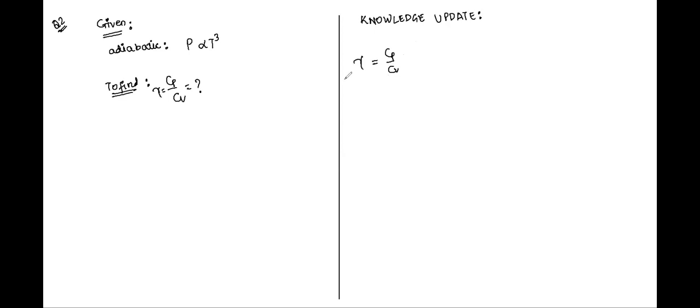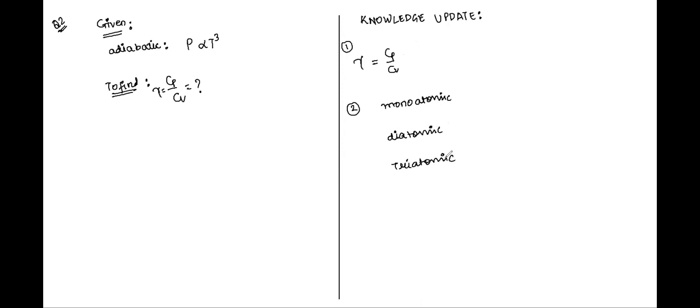And we also know that there are three different kinds of gases which are generally known: monoatomic, diatomic, and triatomic gases.